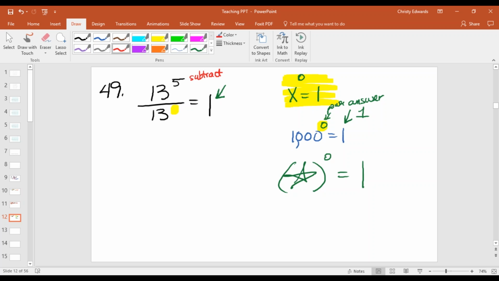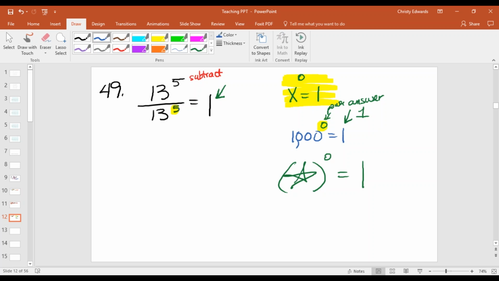How are you going to get the left-hand side's power to be 0? 5 minus what is 0? There you go, Libby. Okay, some of you have said 4, but 5 minus 4 isn't 0. Good, Allie. 5 minus 5 is the power of 0.